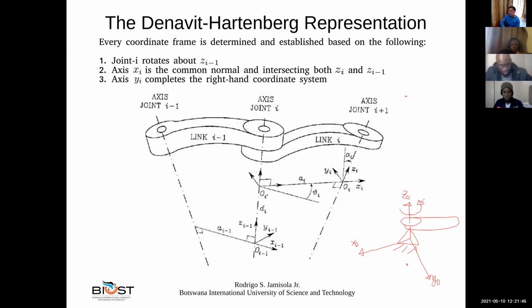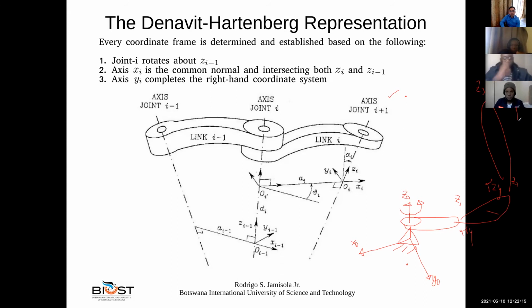So as you move, because your Z0 is defined, then you can define your Z1 and frame 1 because we already follow this convention. Then as you move forward another link there, you can also define your Z2 and so on. Using those conventions, you will be able to define frame 1, frame 2, and frame 3.